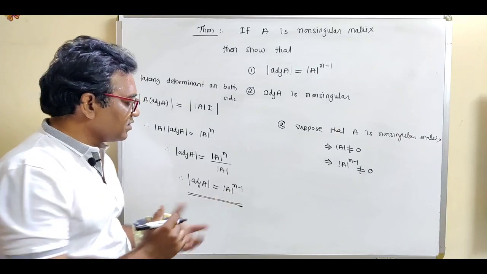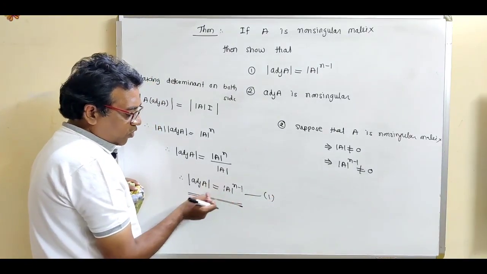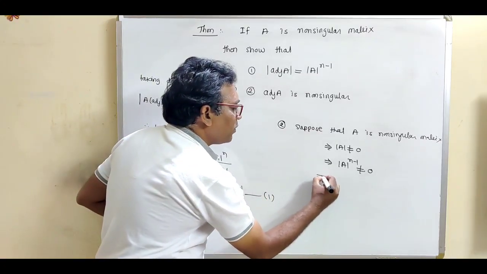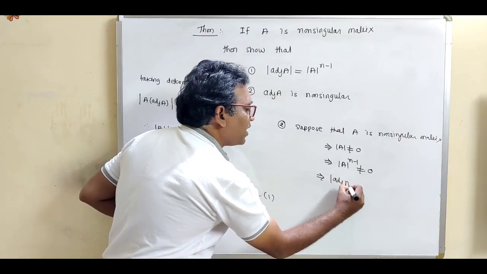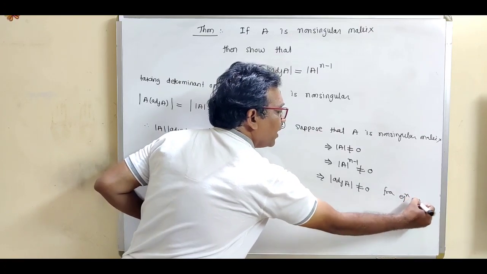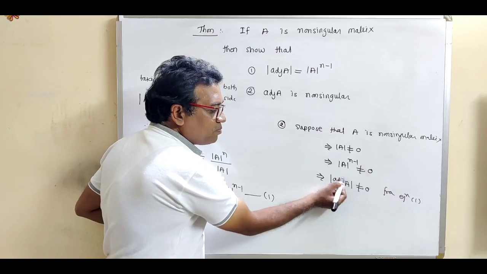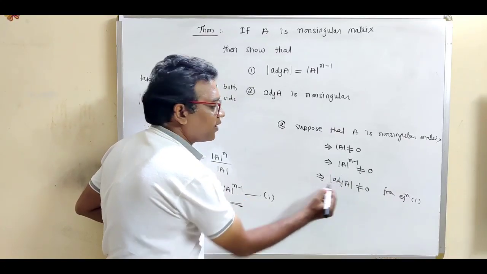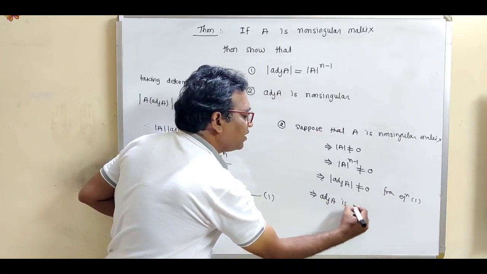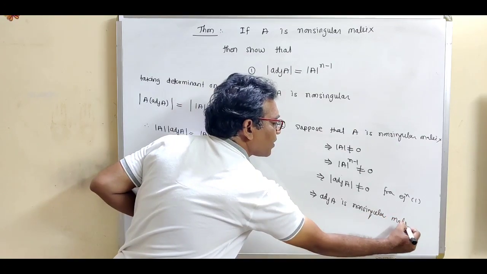And if we denote this as equation number 1, this is non-zero, which means obviously this left hand side is non-zero. So we can write from equation 1 that determinant of adjoint A is non-zero. And determinant of this term is non-zero, so this matrix is said to be a non-singular matrix. So this implies that adjoint of A is a non-singular matrix.